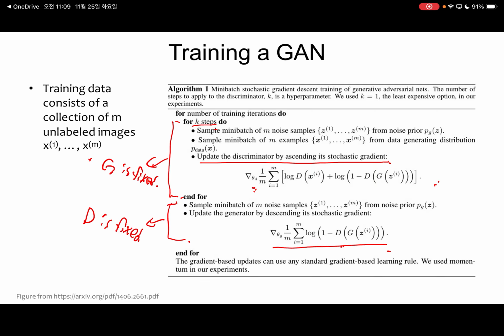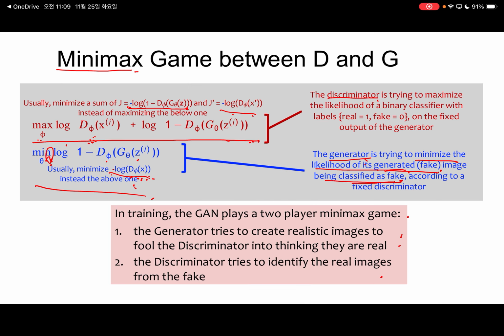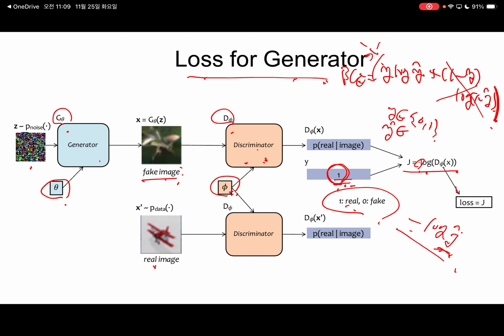Here, D is fixed, so the gradient is backpropagated from here, goes through the discriminator, and then backpropagates to the generator. But this gradient does not affect the discriminator weights. When training the generator, on the generator's turn, the discriminator is fixed. That makes sense because we want the discriminator to classify this fake image as belonging to class 0.